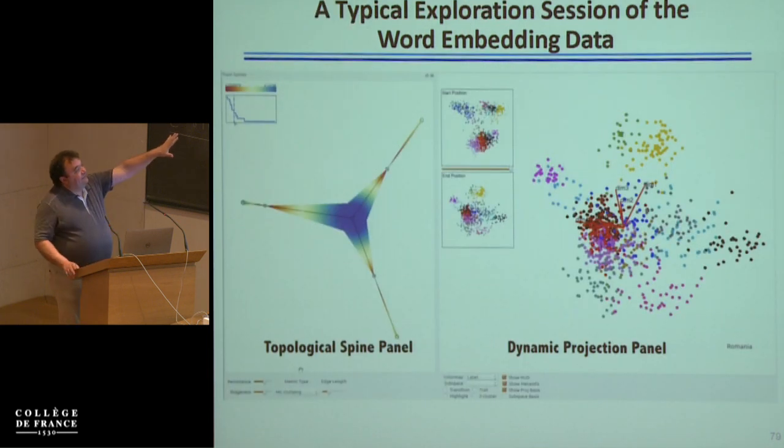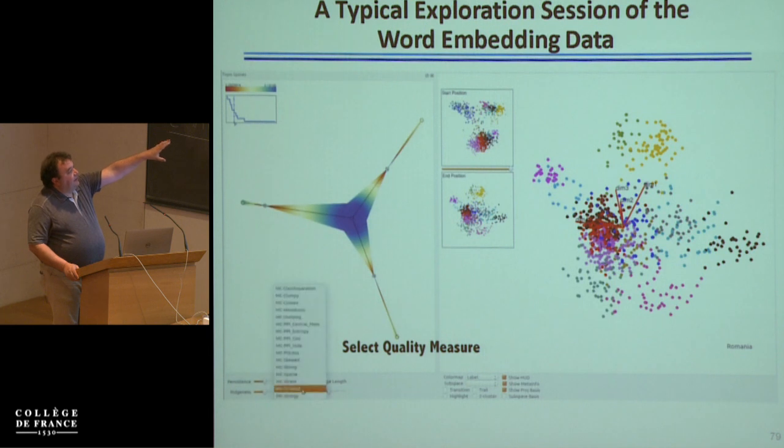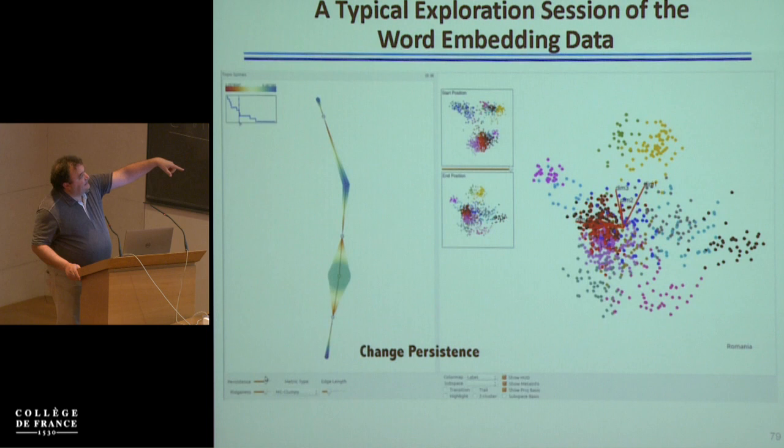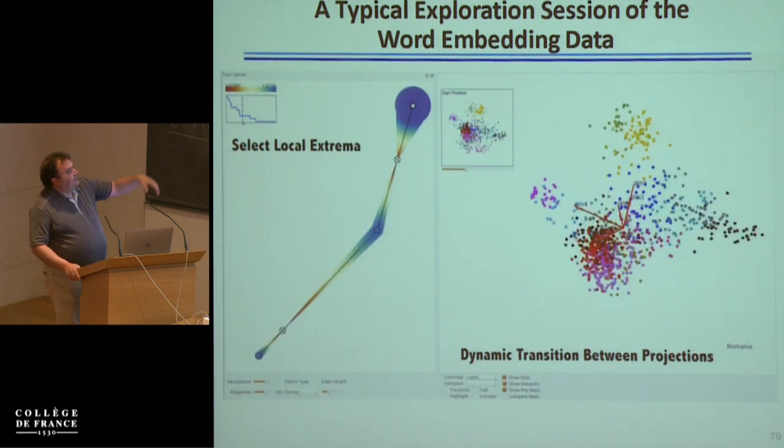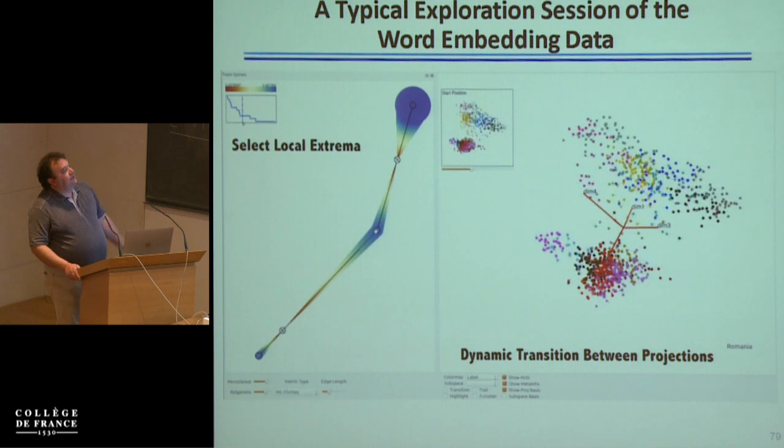And now on the left, you have a very coarse view of the topology. Here we're selecting a particular metric. We can choose the persistence, and then we have the topology on the Grassmannian.